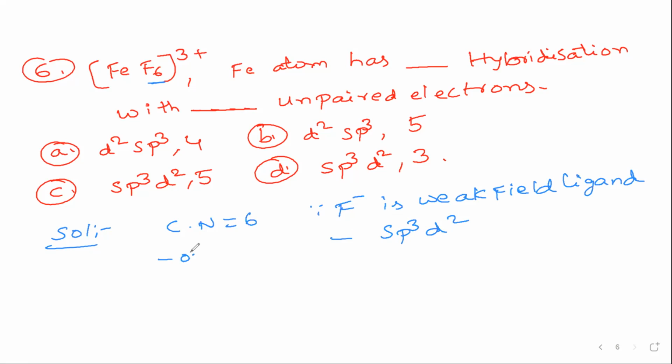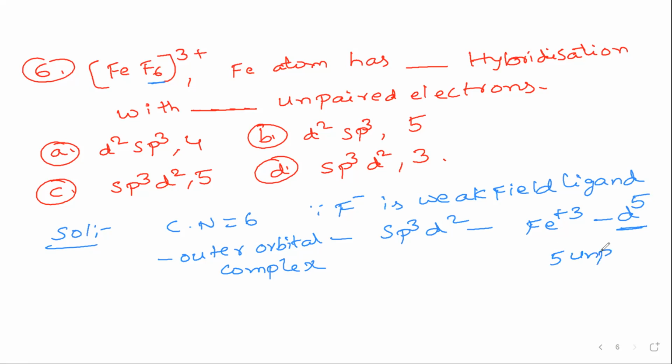Now, what is the oxidation state of iron here? Iron is plus 3, which means d5 configuration. D5 means 5 unpaired electrons. Since it contains 5 unpaired electrons, the option is C.